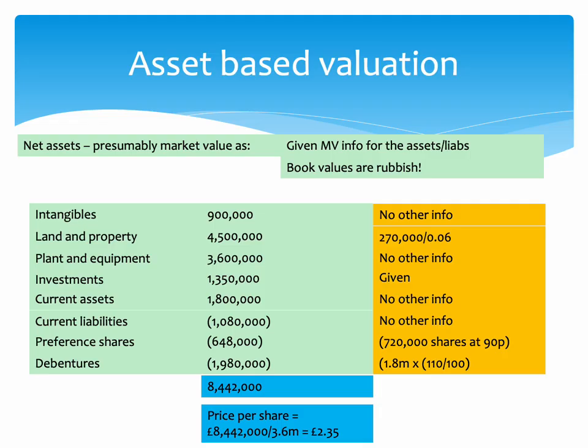So spread that 8.442 million over the number of shares, and you will get the price per share, which is £2.35. So that's what, if we were valuing the company on this basis, the shareholders would expect to see as a share price that the new company, Fenton Holdings, should be offering us.